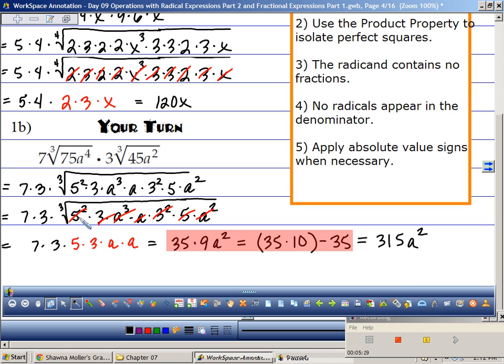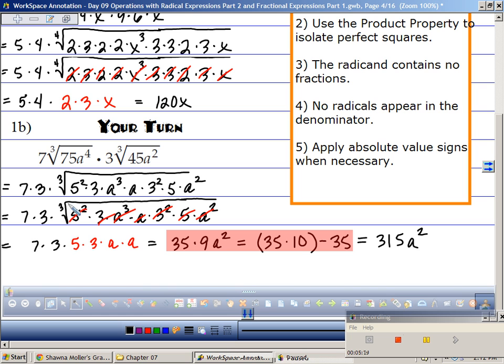Because this is 5 squared and another 5, which is a cube. So I pulled it out. Why am I doing squares? Because I'm saying to myself in my head, 75 is 25 times 3. So 25 is 5 squared. I'm just breaking the numbers down however I want to.